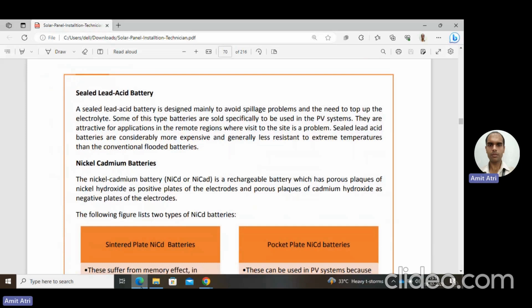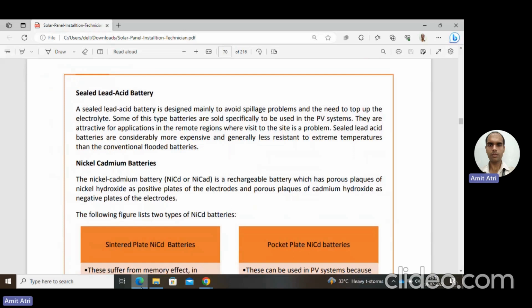These are very specific for solar PV systems, like in remote regions where we are not able to visit the site every time. There we can prefer the sealed lead acid battery. Sealed lead acid batteries are considerably more expensive and less resistant to extreme temperature than the conventional flooded batteries.